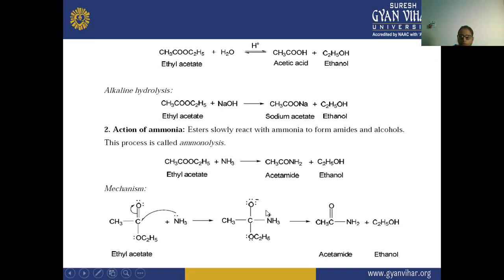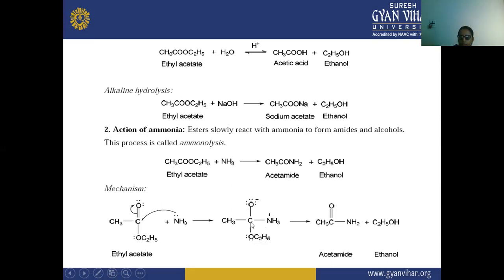To become stable, this H, this proton, will be removed from here. So here H positive will be removed, and to form a stable bond, this will give its electrons to this carbon now. So here the OC2H5 will move out from here.